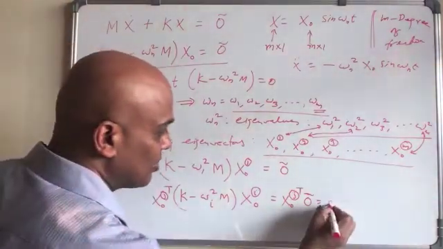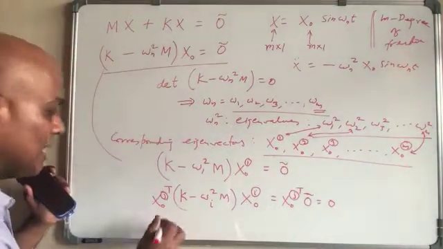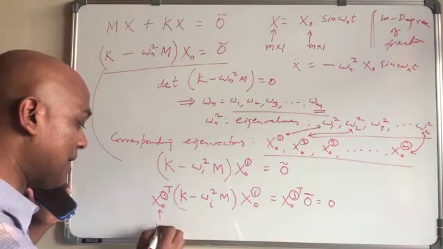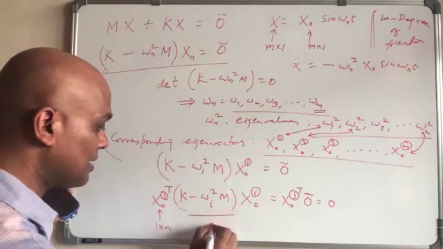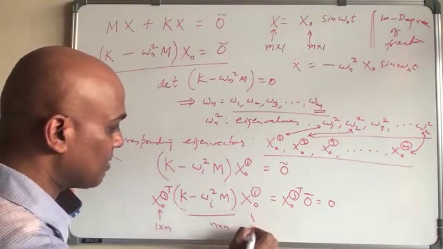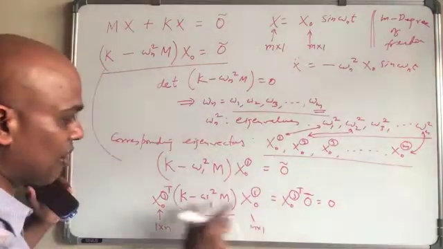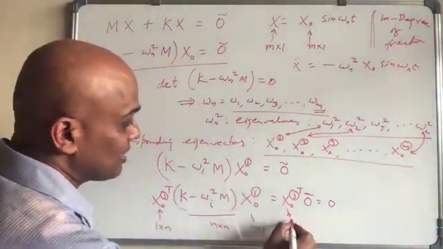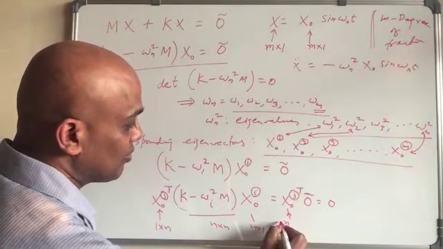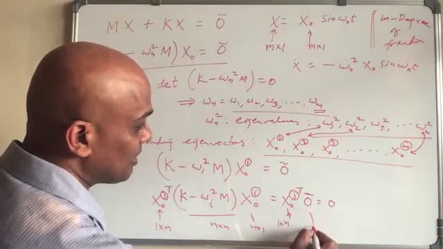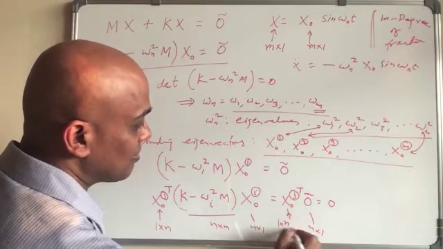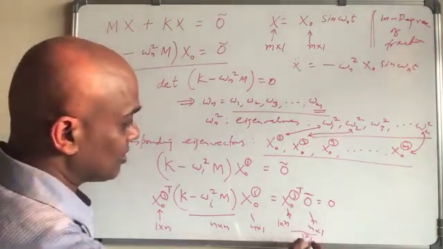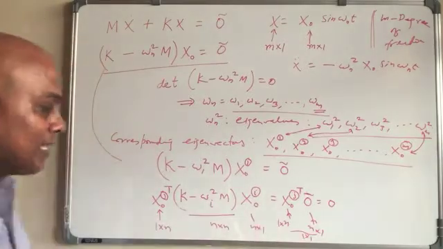This term is 1 by n, this is n by n, this is n by 1, so it becomes 1 by 1, a scalar.